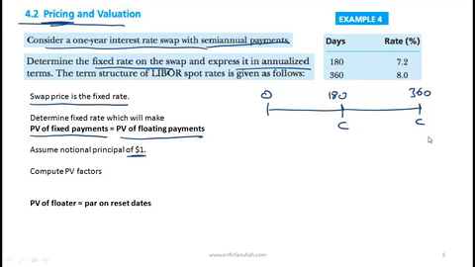And given that the notional principal is $1, you also pay the $1 back at maturity. So what is the present value of these payments? What's the present value of this? So for a payment that happens after 180 days, how do you figure out the present value of that?